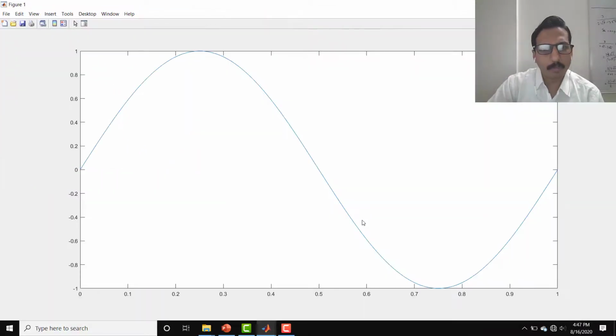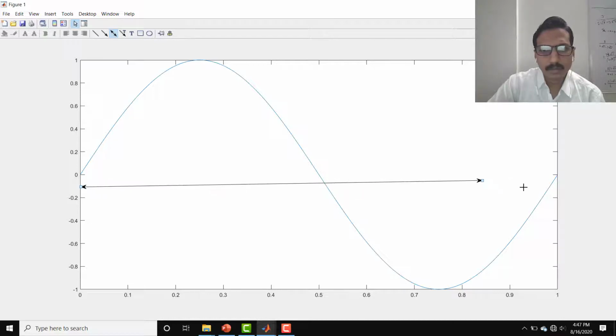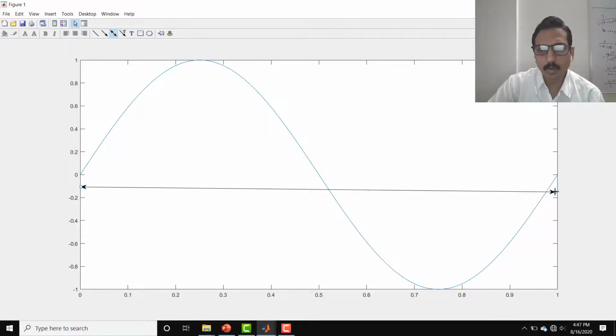This is a sine waveform. See, from 0 to 1 and again 1 to 0, 0 to minus 1, minus 1 to 0. If we take this waveform from this point to this point, you can see that the distance is only 1.